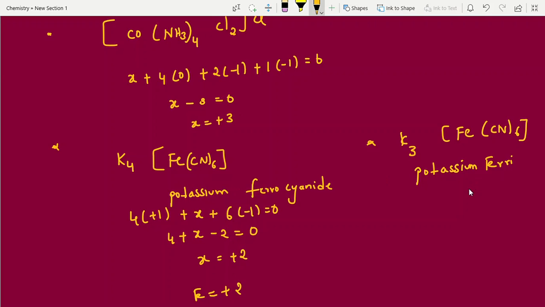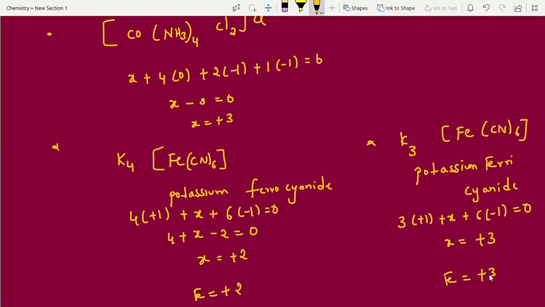This is ferri. Please note down and try to do this calculation. Here 3 into plus 1 plus x plus 6 into minus 1 equal to 0, x equal to plus 3. Iron is either plus 2 or plus 3. Plus 3 means ferri, plus 2 means ferro.